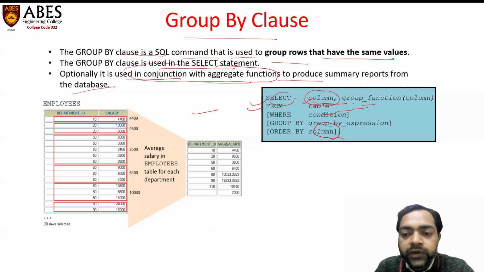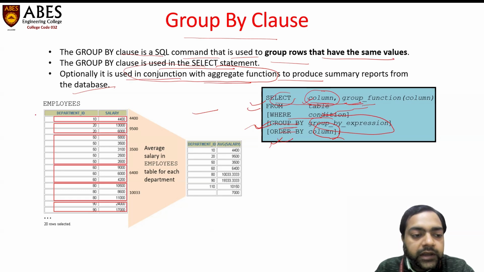We'll understand with the help of an example. After that, we use the aggregate function. Now from the table, we can use the where condition, and after that we use the group by clause, right? This group by clause will have a group by expression, and the expression can contain a column name also, right? And after that we can use order by column, right?